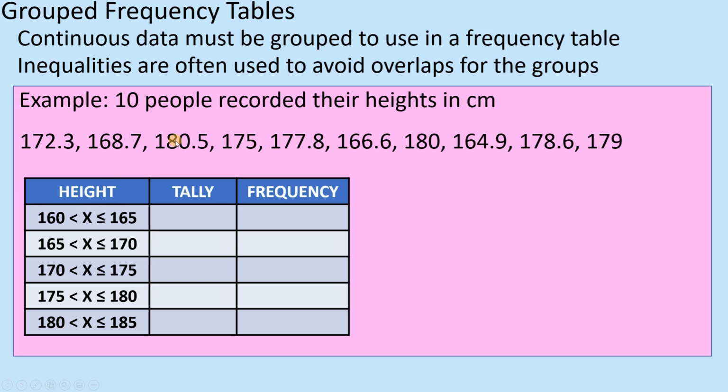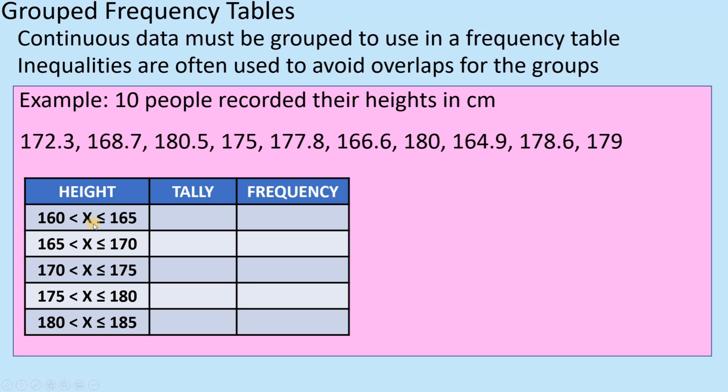All right, so let's just explain this notation here. The inequalities are often used. So this is what we're talking about, these here. I've mentioned it in a number of my other videos, and if you want to have a look at it, you'll see this one, which is in cumulative frequency, about this use of notation. Well, if I had someone who's exactly 165 centimetres, it's a case of where do I put them? Do I put them in this one or in this one?